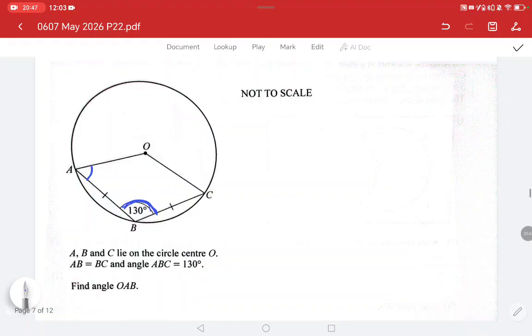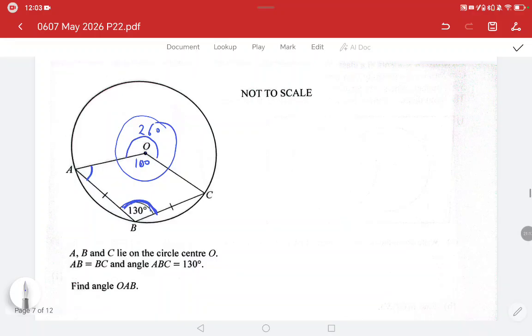So this one should be double, should be 260. If this one is 260, and we know that all of the angles here add up to 360, it means this one is 100.